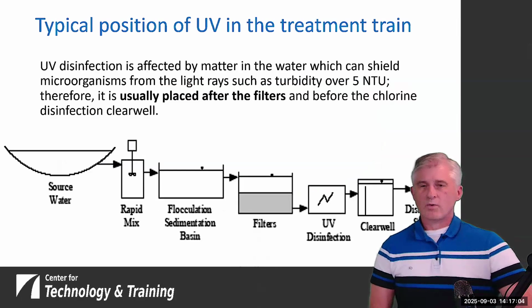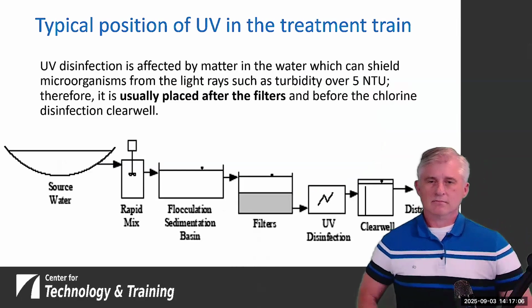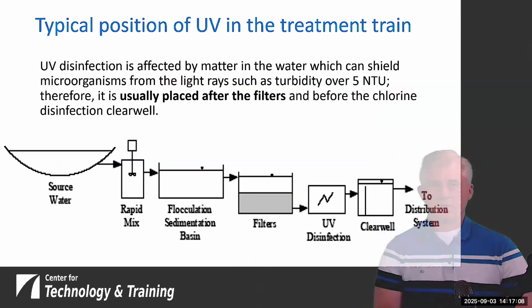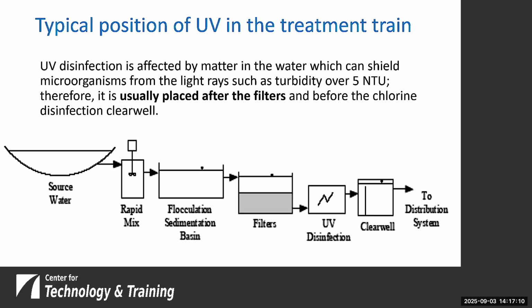So where would you put this in the treatment train? It's always important. A lot of plants were designed a certain way, and maybe you don't have room for it in your plant. So that's an important thing. It typically goes after filtration and before the clear well, and before we add chlorine back into the system.